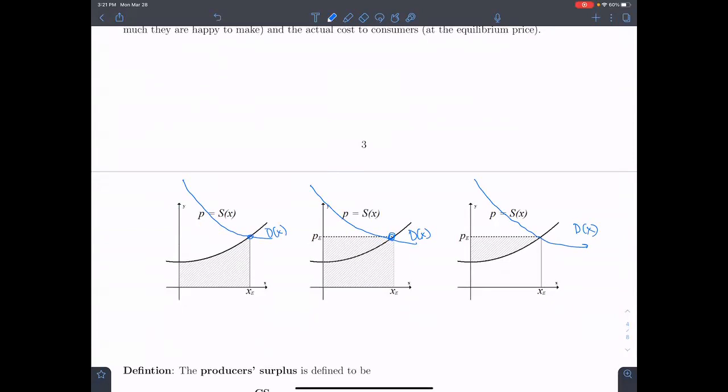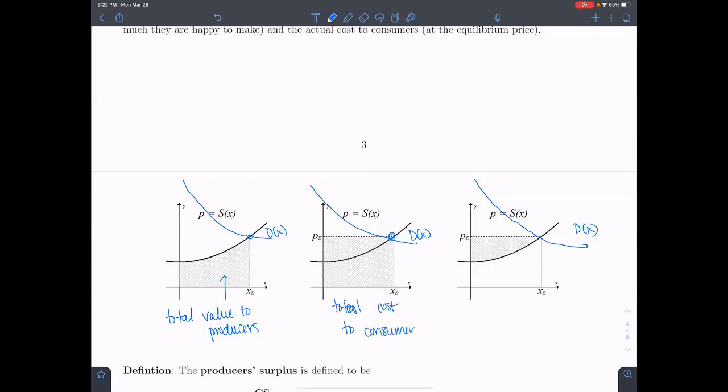So this is the total value to producers, this area down here. This is actually the total cost to consumers still, the same as it was before. Total cost to consumers.